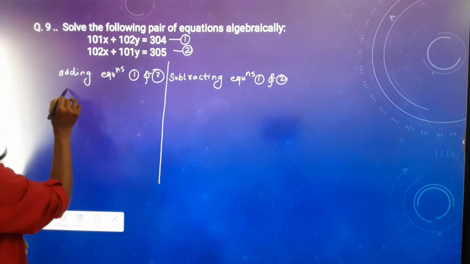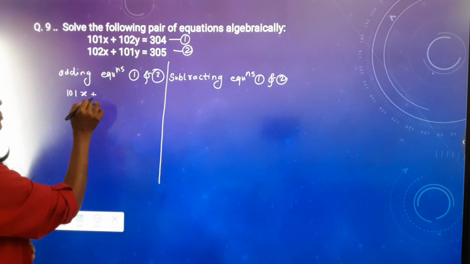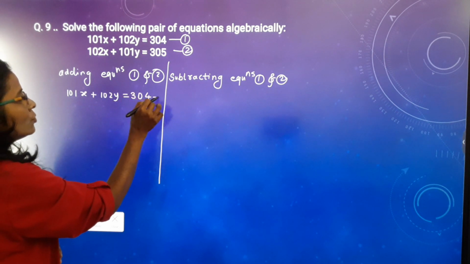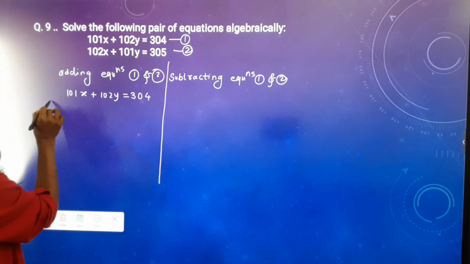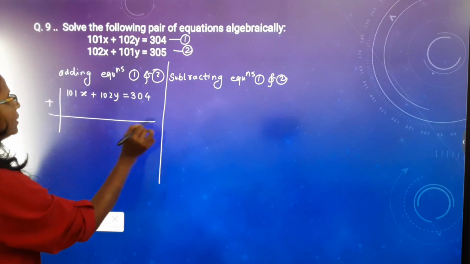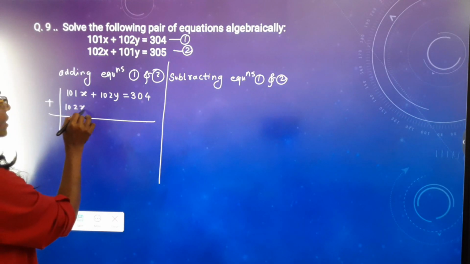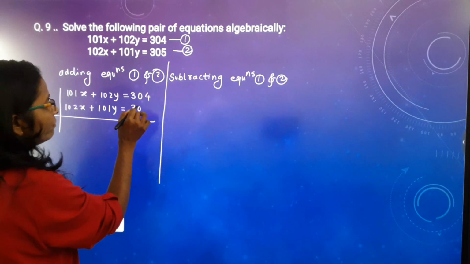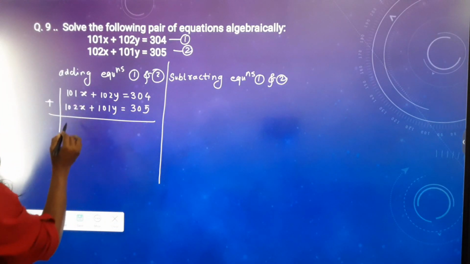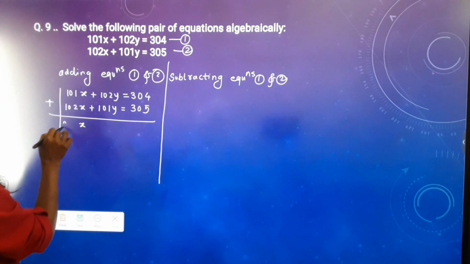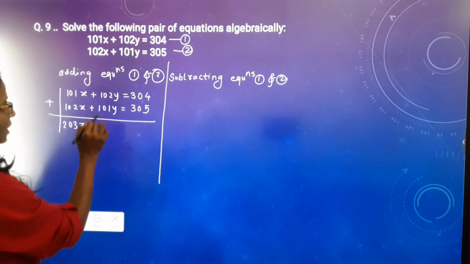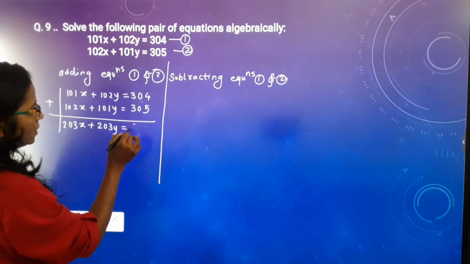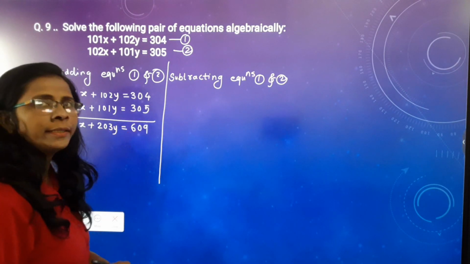So that means 101x plus 102y is equal to 304, and plus 102x plus 101y is equal to 305. After adding, we get 203x plus 203y, and here 609, students.